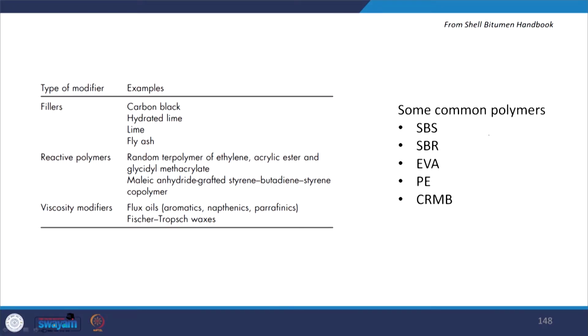Of course, the final objective of including these modifiers is very specific. As I mentioned, polymeric modification is more common, and some of the common polymers include SBS, SBR, EVA, polyethylene, and crumb rubber.